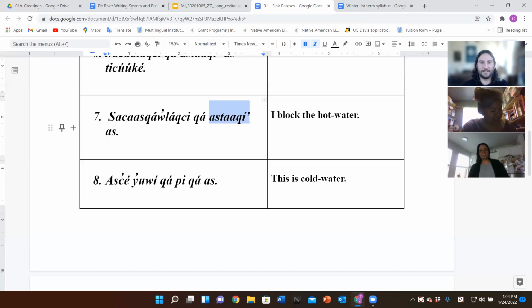And then Saja scout lakji ga astaki us. Saja scout lakji got us. Astaki us. I can't do that sound. You're close. Yeah.